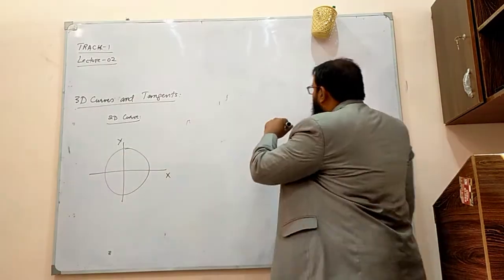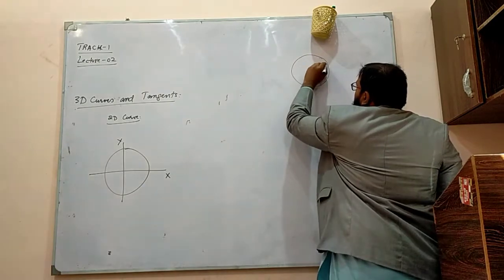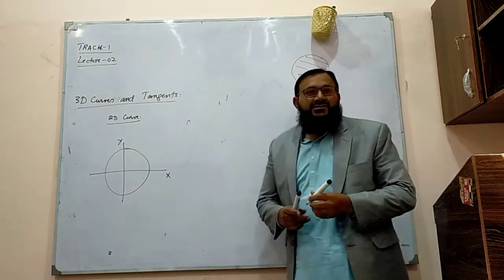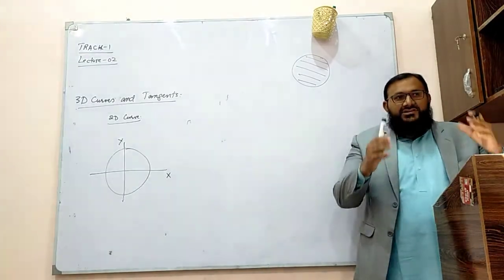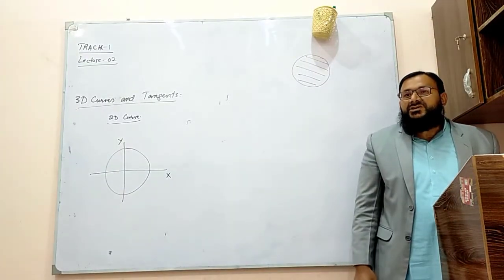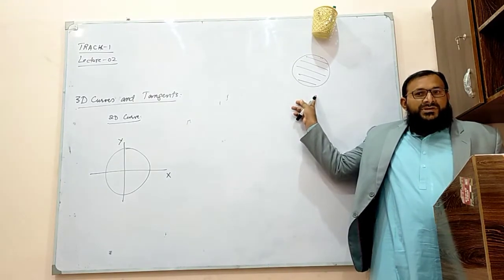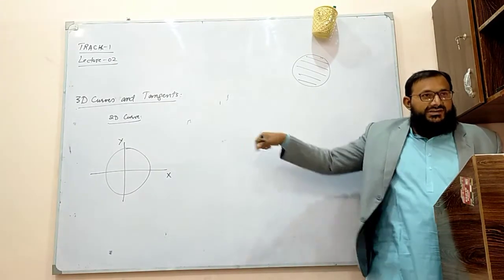What we show to the students is basically a disc. When we teach circles, we show students some sort of circular shape, and that is a circular disc. We may call it a 2D shape, but the circle itself is 1D.